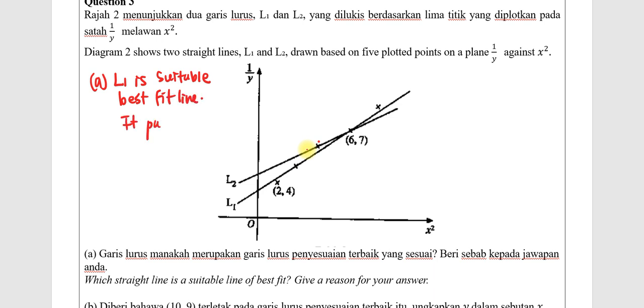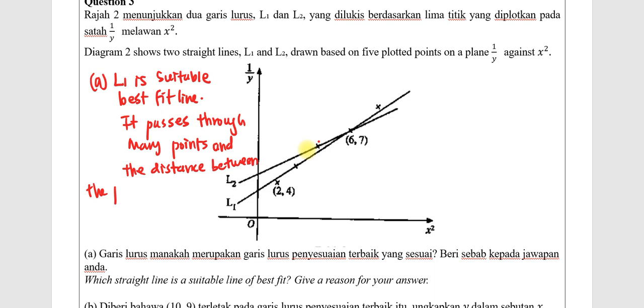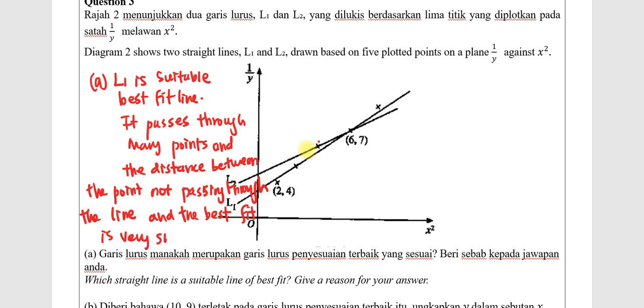It passes through many points, and the distance between the point not passing through the line and the best fit is very small.